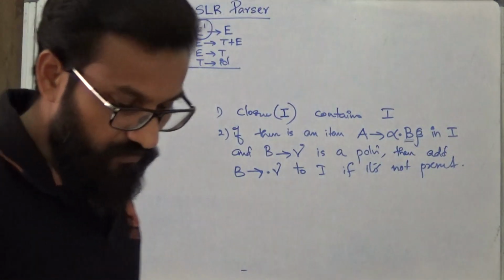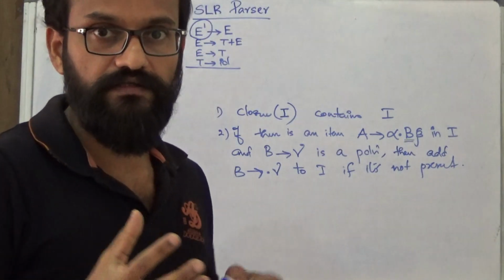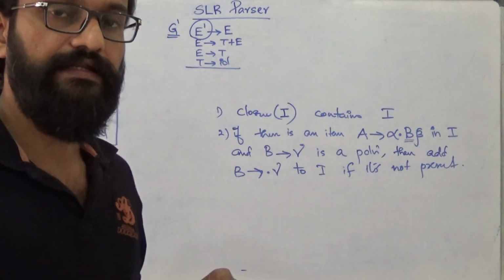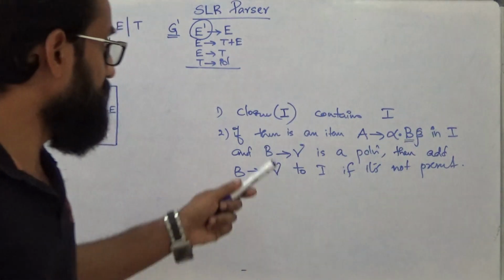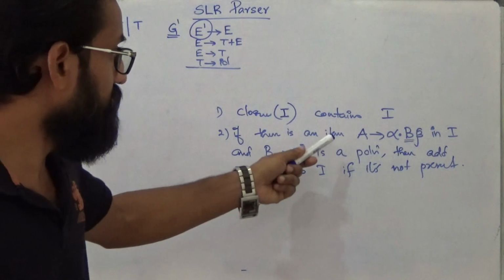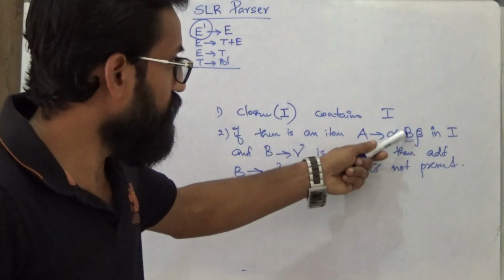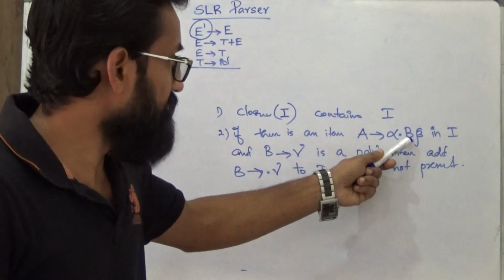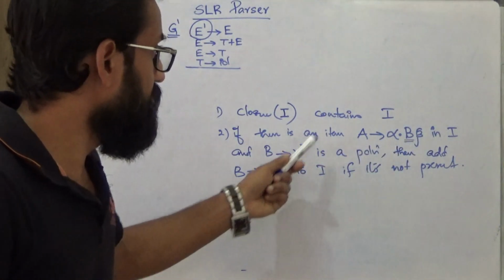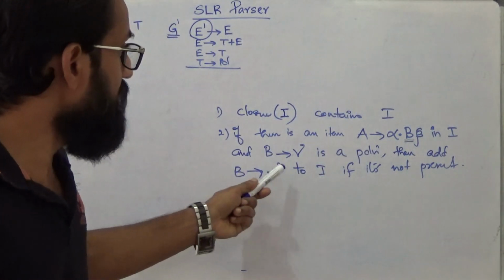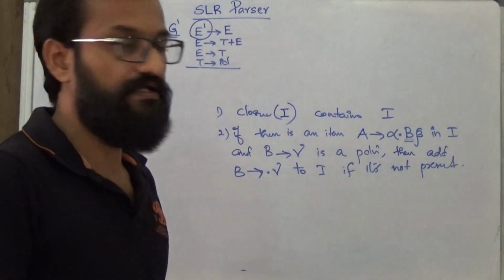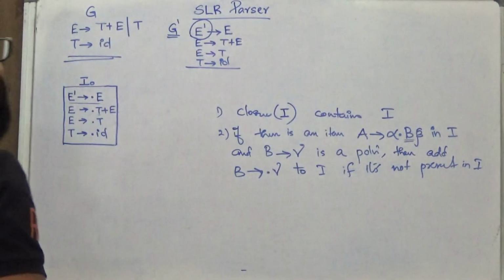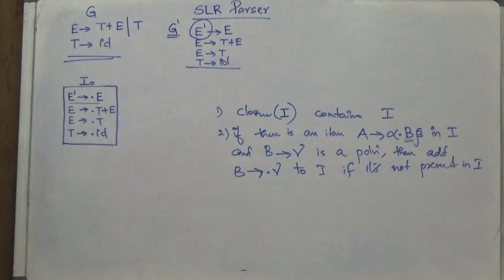So if I take closure of an item set, the items will always belong to its closure itself. And again, if I am having an item A giving alpha dot B beta in the item set I, and a production B giving gamma, then add B giving dot gamma to I if it is not present in the item set I. So in this way we can take closure of an item.